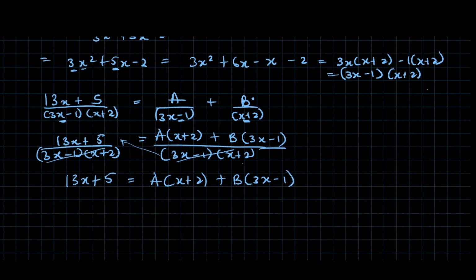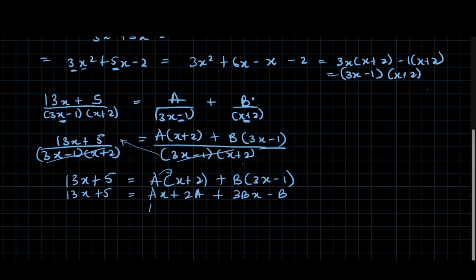We'll multiply A into this, and then we're simply going to do this for B as well, so it will be 3Bx minus B, equals 13x plus 5. Let's collect like terms, so it will be A plus 3B times x plus 2A minus B.